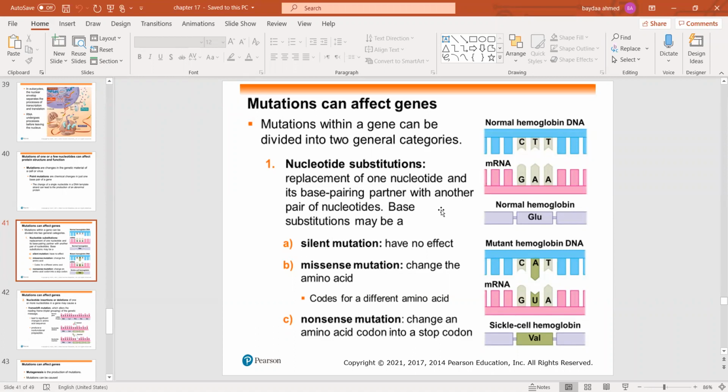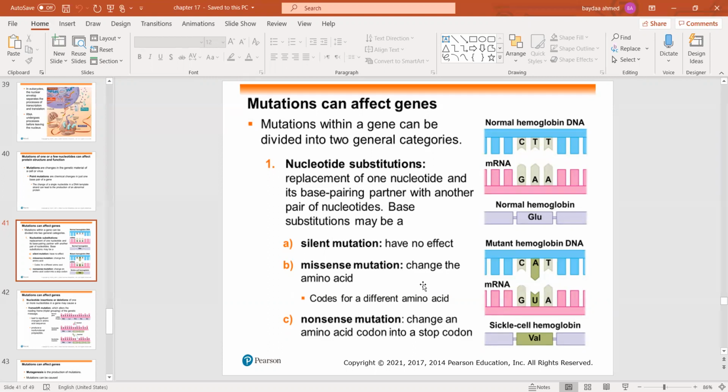A change in a nucleotide pair may transform one codon into another that is translated into the same amino acid. Such a change is an example of a silent mutation, which has no observable effect on the phenotype.